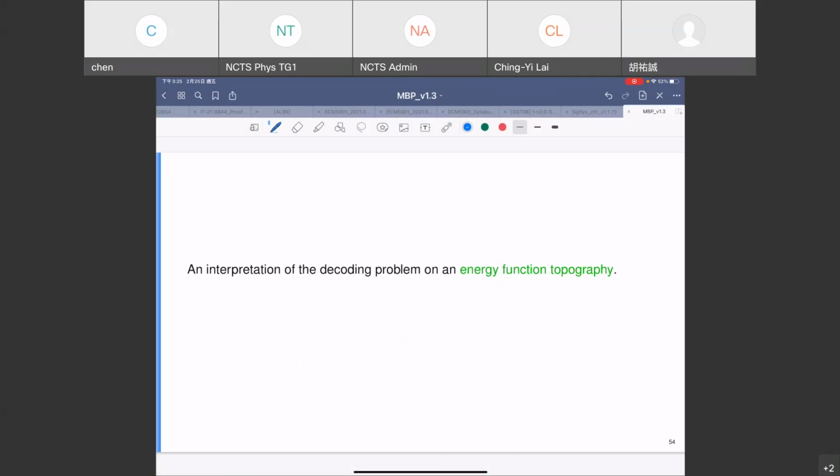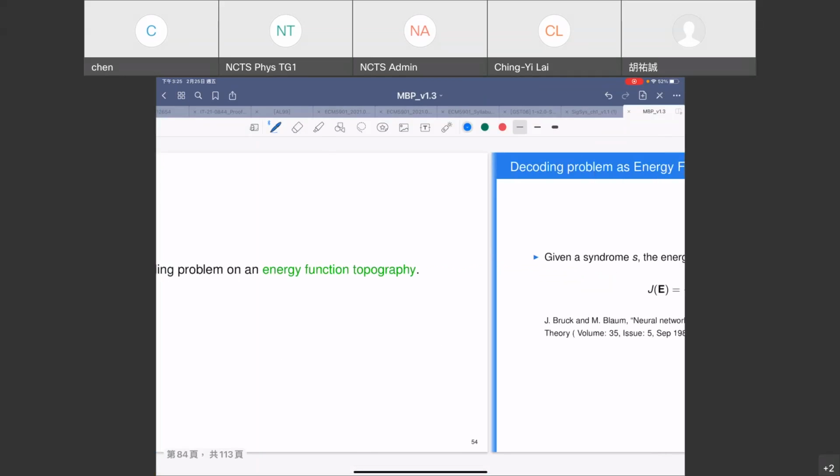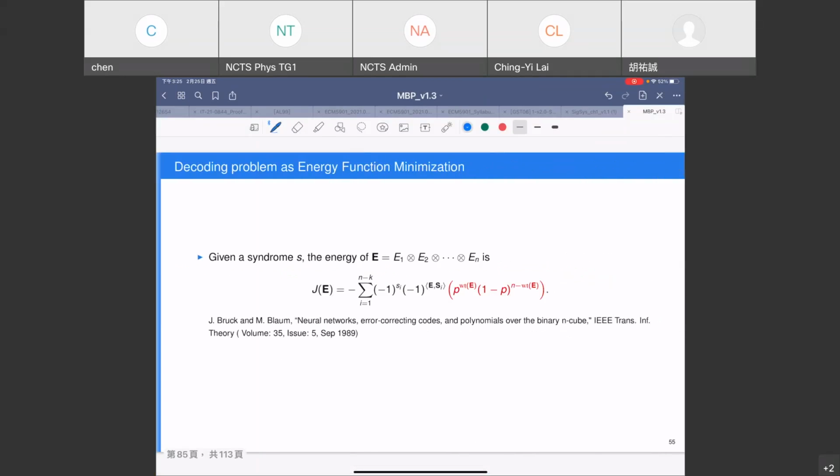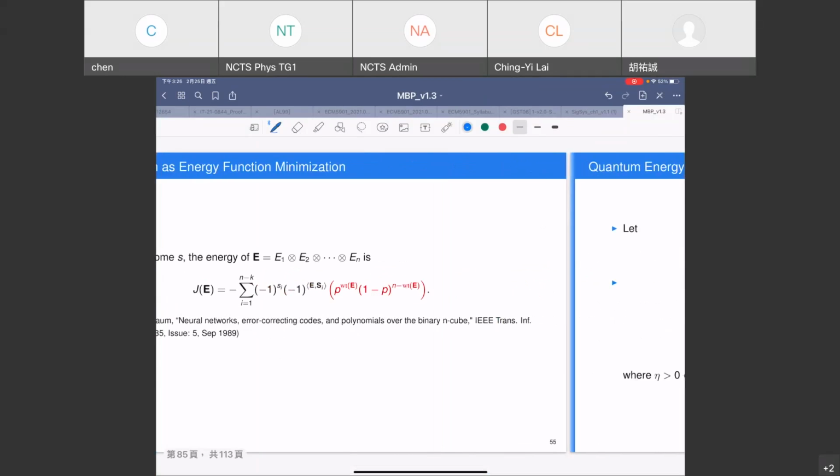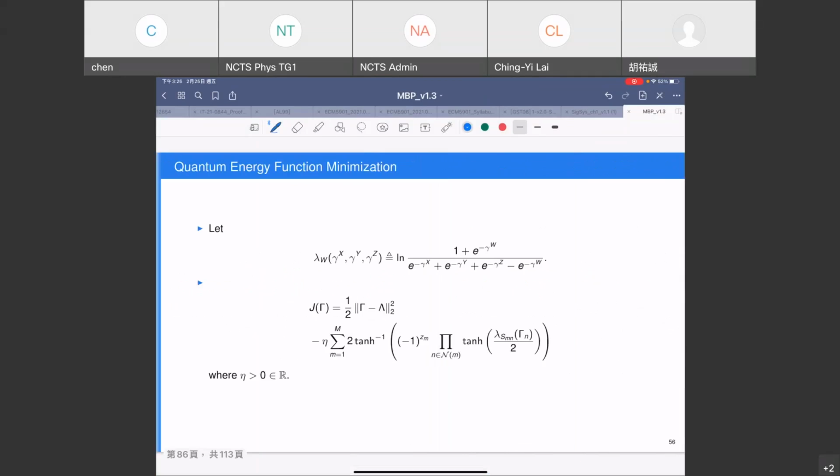We try to get a new interpretation of this decoding algorithm as an energy minimization problem. We define an energy function like this one here with some parameters defined here.